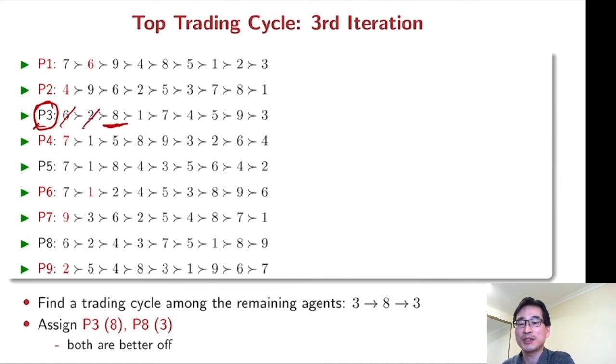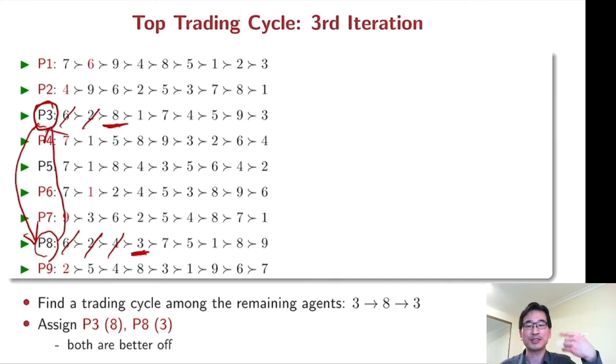So Proposal 3 points to 8's office, and 8 is going to point to the most preferred office available, which is 3. So we can find another trading cycle. And in this trading cycle, both player 3 and 8 have been better off.